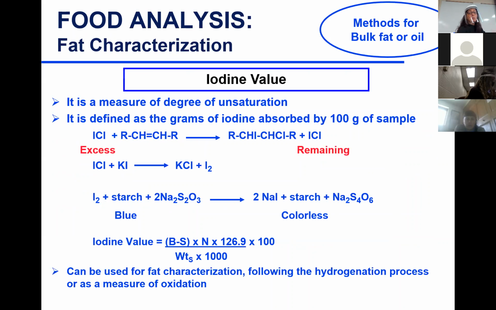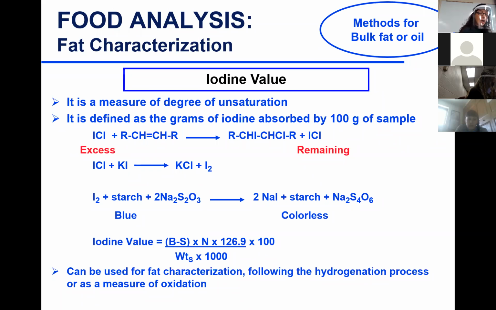Okay, so we're going to go into iodine value. This was one of the methods you're going to do in the lab, as I said. When I ask you in a test to define iodine value, or what it tells us, these first 2 points are very important.